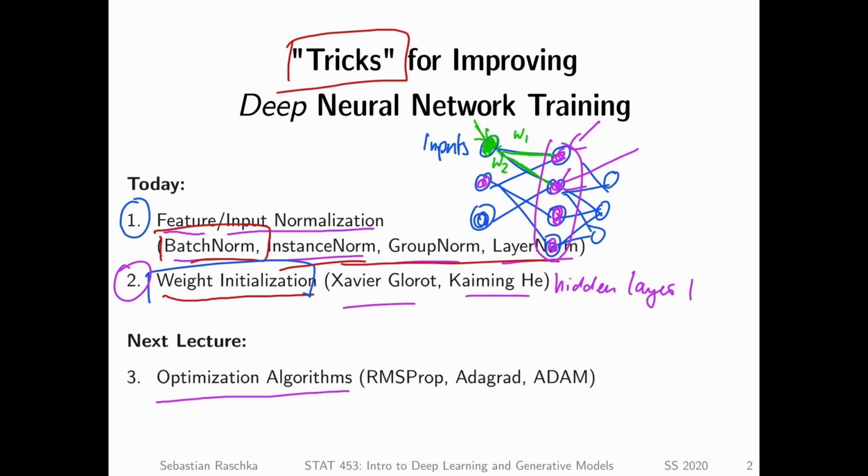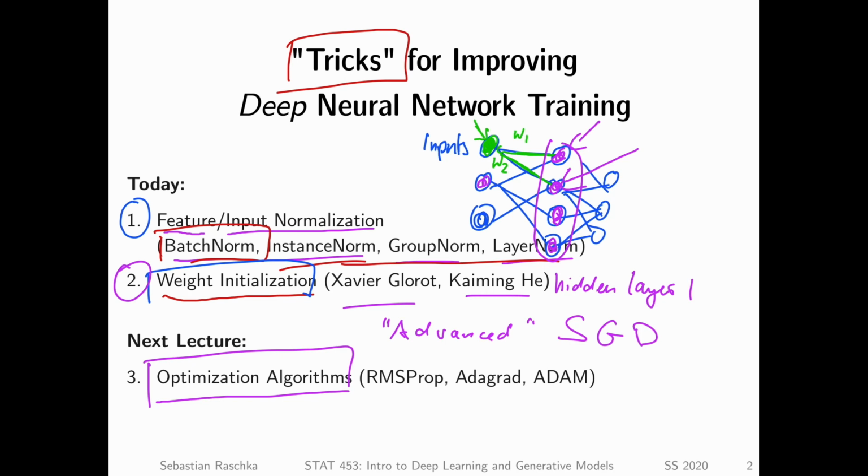The topics we talk about today also influence the optimization, but here we will talk about the optimization algorithm directly. In particular, these are, I would maybe call them, advanced stochastic gradient descent based algorithms. These are modifications to stochastic gradient descent that can help us also to learn more efficiently.